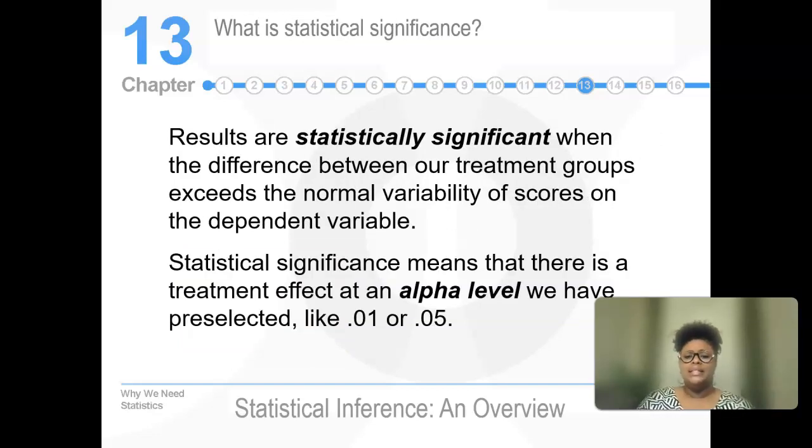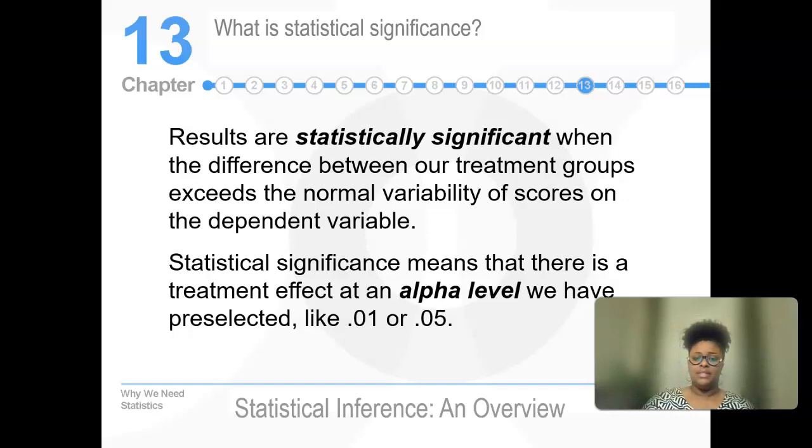So results are statistically significant when the difference between our treatment groups exceeds the normal variability scores on the dependent variable. So we use what is called alpha levels, and these alpha levels are already set.